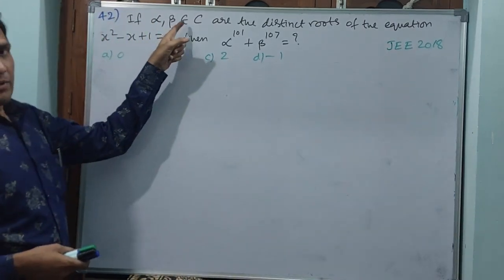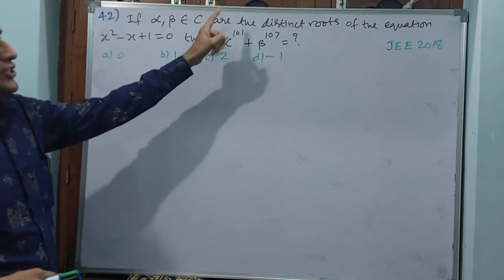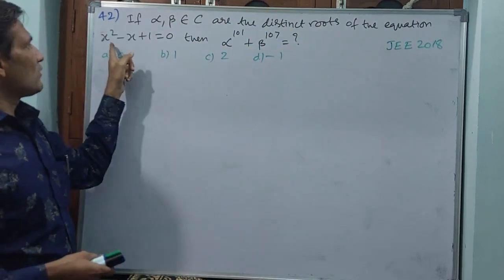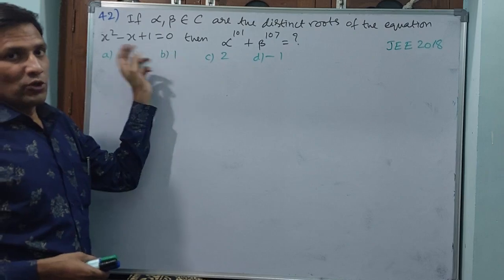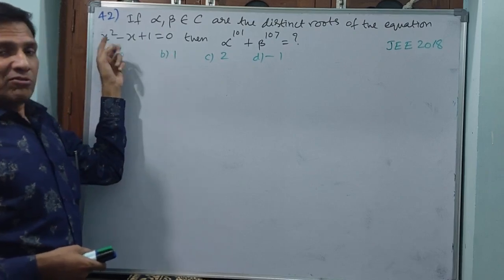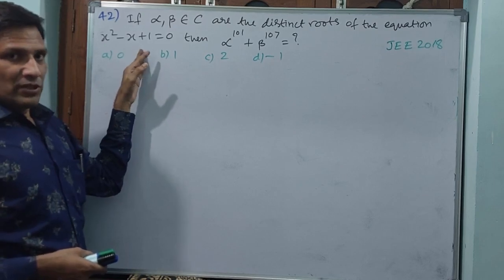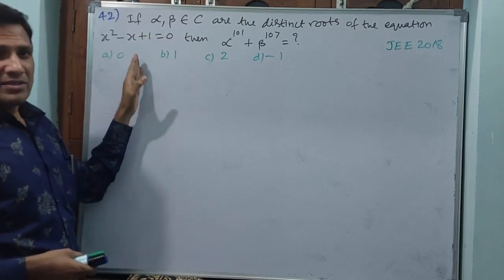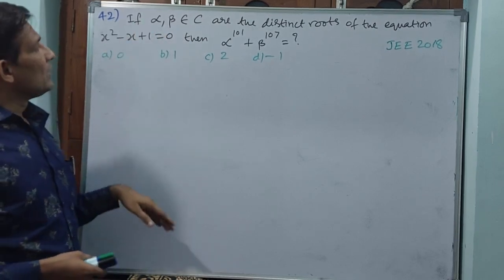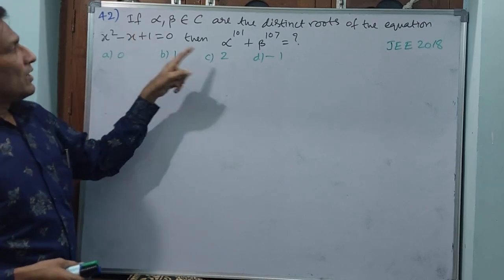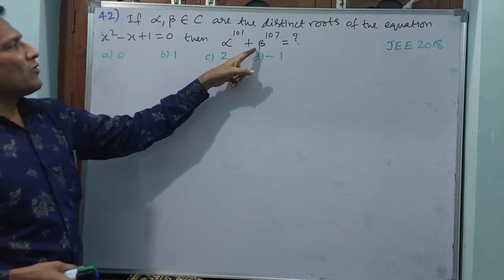If alpha, beta belong to complex numbers and are the distinct roots of the equation x square minus x plus 1 equal to 0. It is a quadratic equation, so two roots will come. Alpha and beta are the roots of this equation. Normally complex number means these are not real roots, complex roots. You have to find the value of alpha to the power of 101 plus beta to the power of 107.